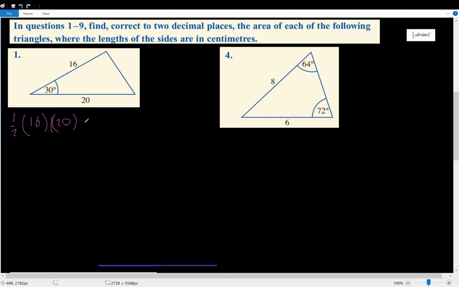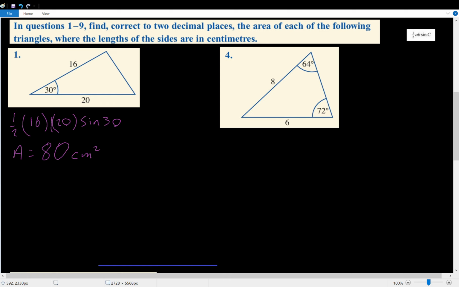And then that's going to be multiplied by the sine of the angle in between them, which is sine 30. And we can literally just stick that straight into a calculator as is. It's 1/2 times 16 times 20 times sine 30. And our answer for our area is going to be equal to 80. And because the question specifically said the lengths of the sides are in centimeters, that means that this is going to be in centimeters squared for our area.